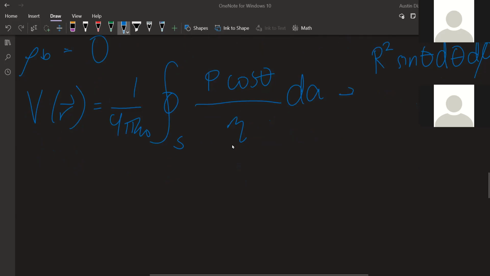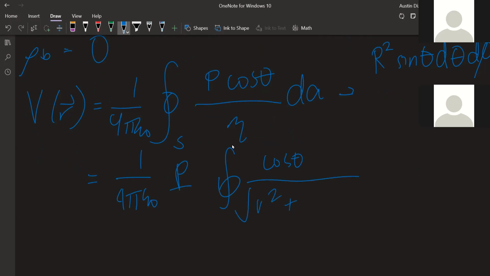Okay. Siyempre, pwede natin ilabas yung P dahil constant siya. Okay, cosine theta. However, your R is R squared plus r prime squared minus 2r prime R cosine theta.